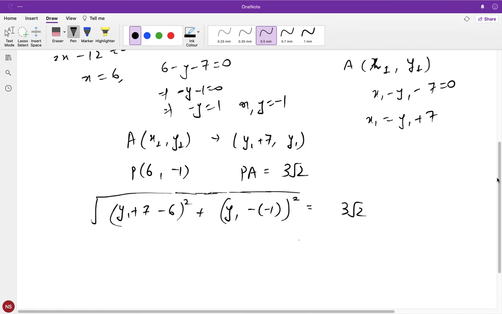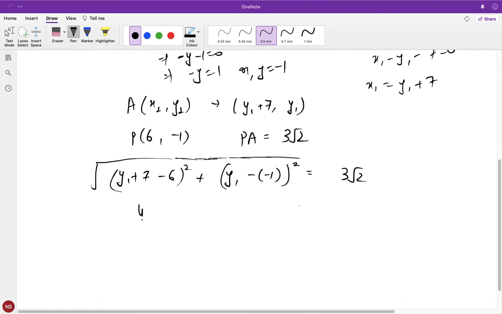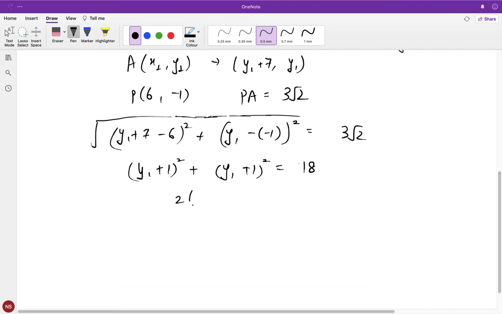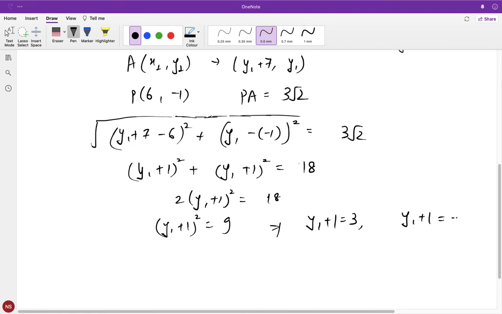So when I square it, what should I get? (y1 plus 1) whole square plus (y1 plus 1) whole square is 18, or 2(y1 plus 1) whole square is 18, or (y1 plus 1) whole square is 9. This means y1 plus 1 is either 3 or y1 plus 1 is minus 3. So y1 is either 2 or y1 equals what? Minus 4.